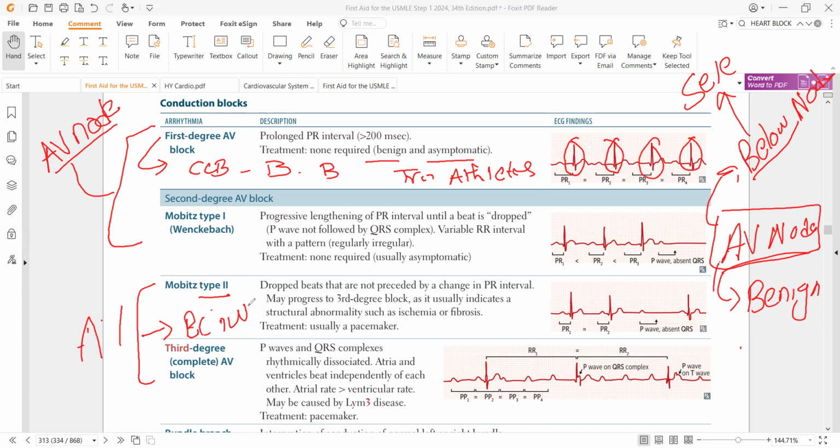Okay, so in Mobitz type 1, when there is a drop beat, why is the patient not having symptoms? Is that drop beat compensated by the other QRS complexes following it? Okay, your question: what is the meaning of a drop beat? Drop beat simply means a missing QRS complex. The heart rate is mainly calculated by the ventricular contraction, by the QRS complex, right?